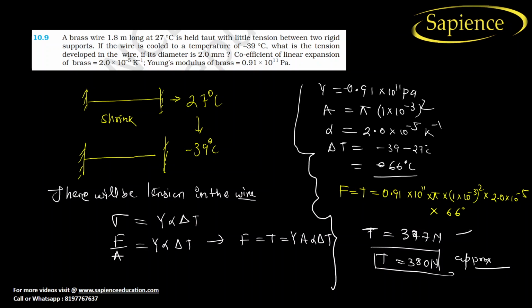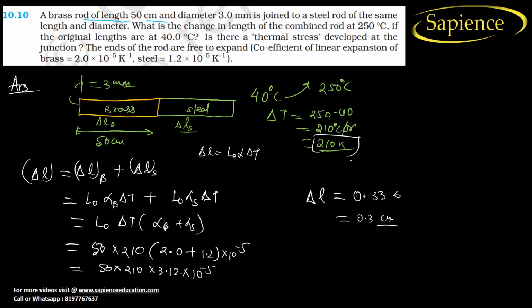So correct it. I hope you have understood. And this 0.3 centimeter is the change in length, which is approximately 0.3 centimeter. So I hope you have understood each and everything. Thank you for watching my videos.